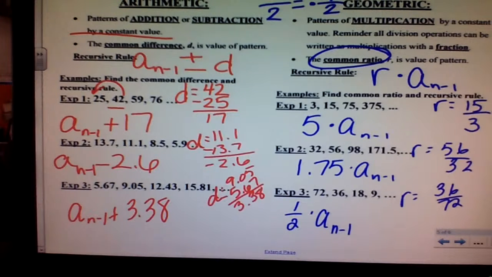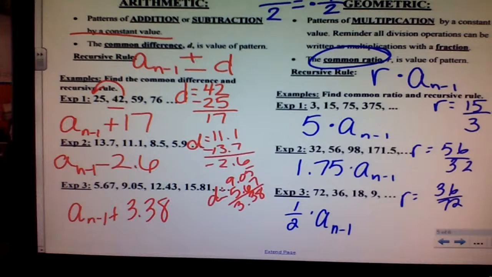If it's neither, all I need you to do is tell me the pattern. For example, is it plus 7 minus 2, plus 7 minus 2? What's happening? And then find me the next 2 terms. You can't write a recursive rule for something that is not arithmetic or geometric. So just tell me the pattern and find me the next 2 terms.